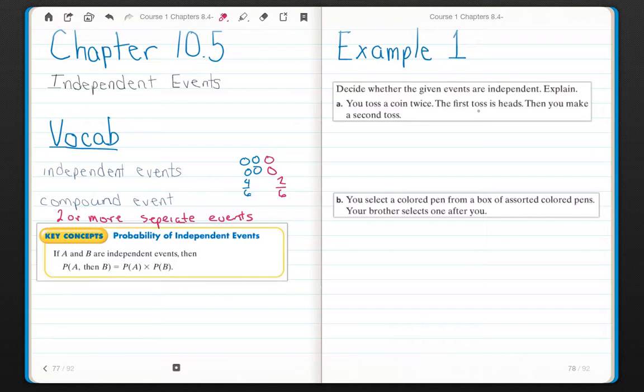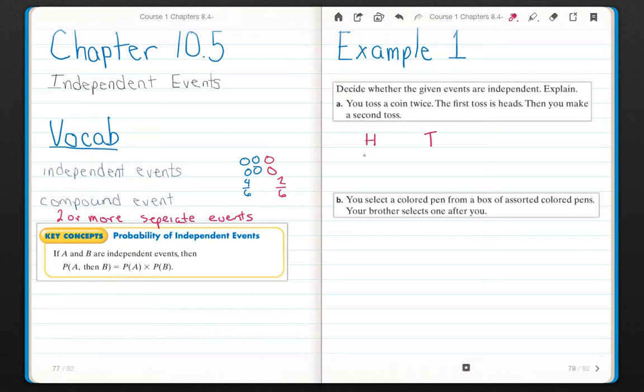Decide whether the given events are independent and explain. So you toss a coin twice. The first toss you get heads, then you make a second toss. Is that second toss going to be dependent or independent? Let's say I get tails the second time. Well, I toss a coin. Okay? I toss that same coin again.